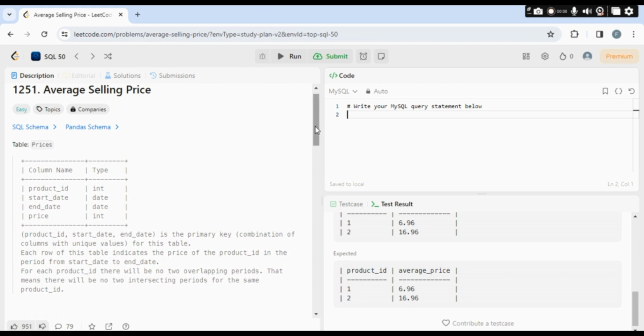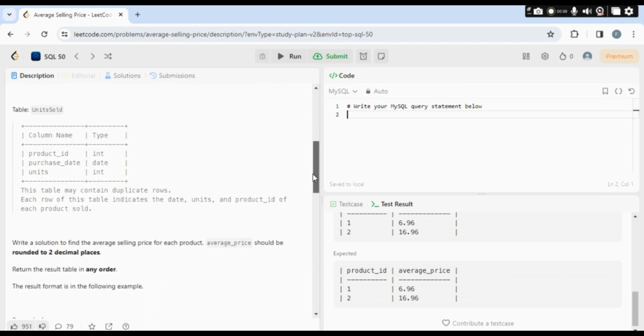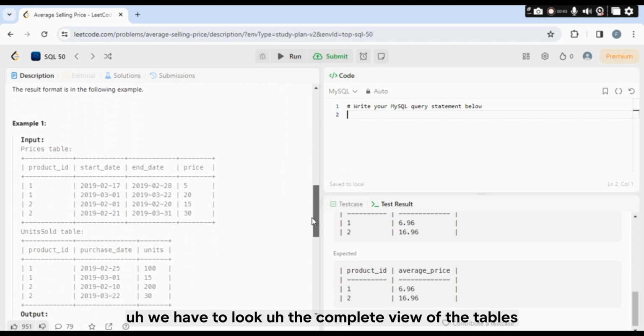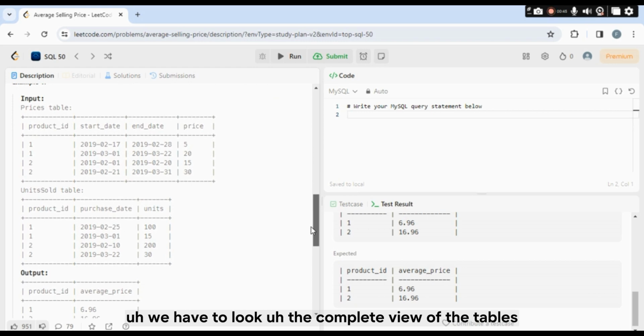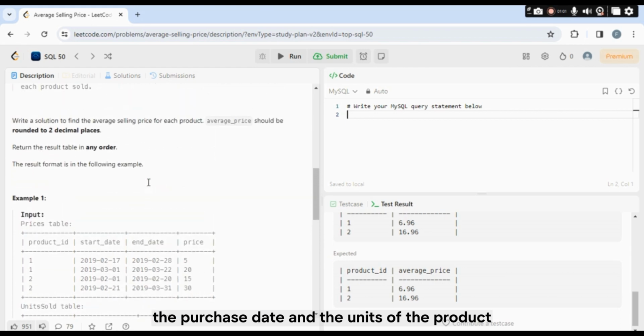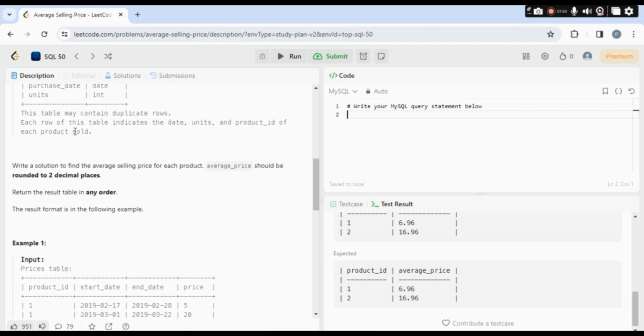Before we start to write the query, we have to look at the complete view of the tables, Prices and UnitsSold. In the Prices table there are product ID, start date, end date and price. And in the UnitsSold table, there are product ID, the purchase date, and the units of the product that was sold.